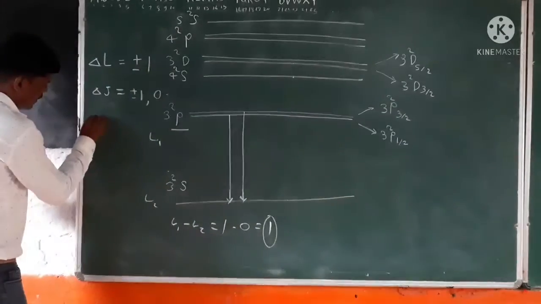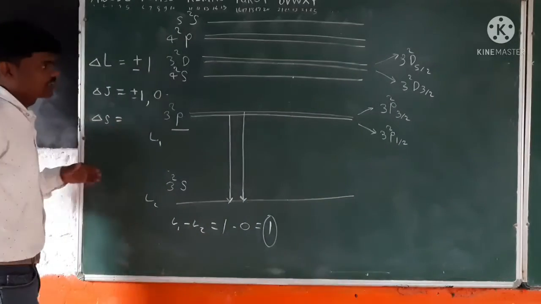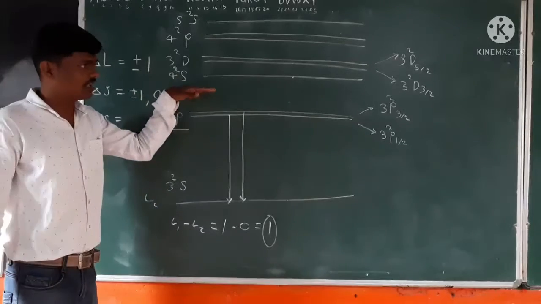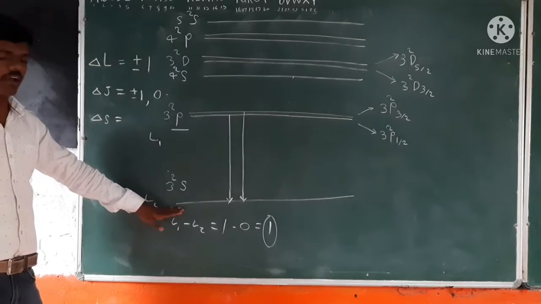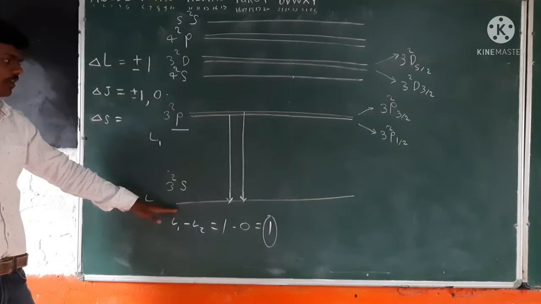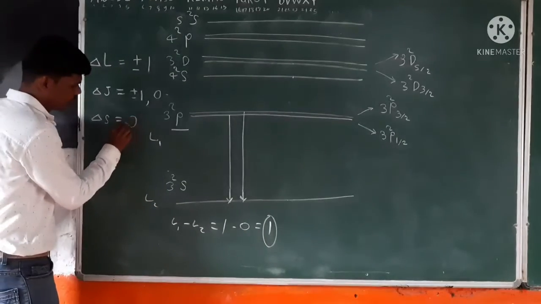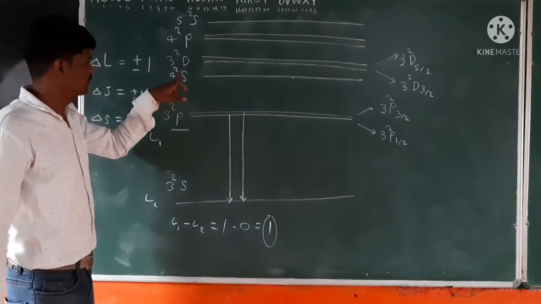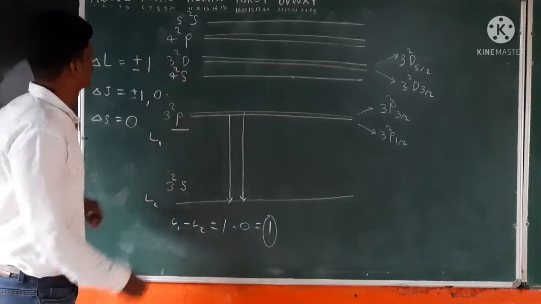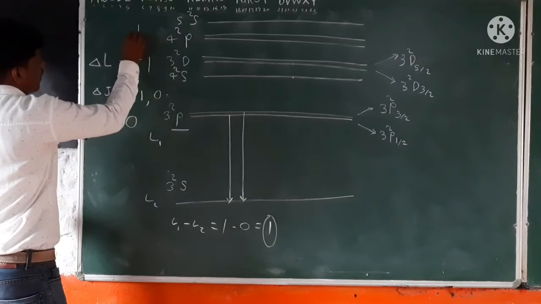Similarly, for delta S, that means the difference between the initial level's spin angular momentum and the final level's spin angular momentum, that is total spin angular momentum, the difference should be 0. Here we can see what the capital S value is. As it is a doublet, it will be a half.